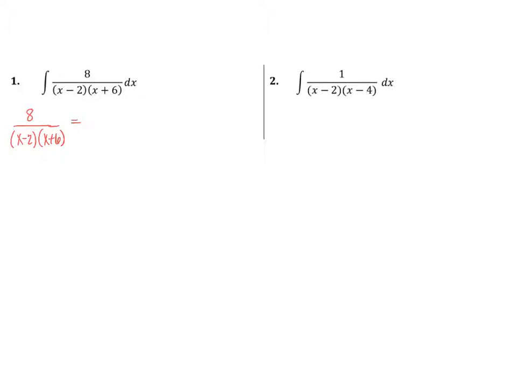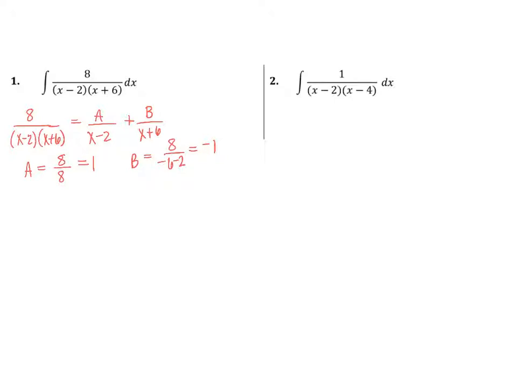And I want to know what value a over x minus 2 plus what value b over x plus 6. So again, to solve for a, we need to plug in a 2, so that's going to give me 8 over 8, which is 1. And for b, we need to plug in a negative 6, so it's going to be negative 6 minus 2, so that's going to give me a negative 1.